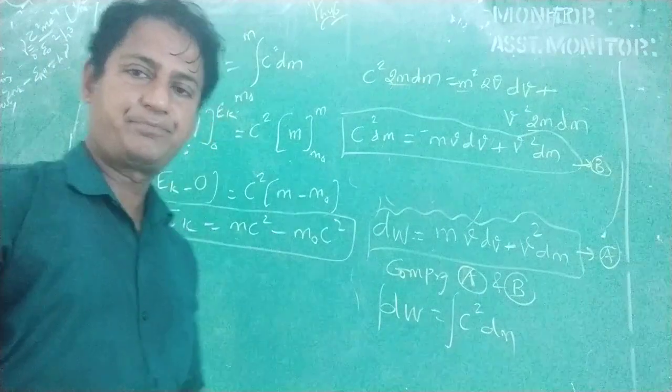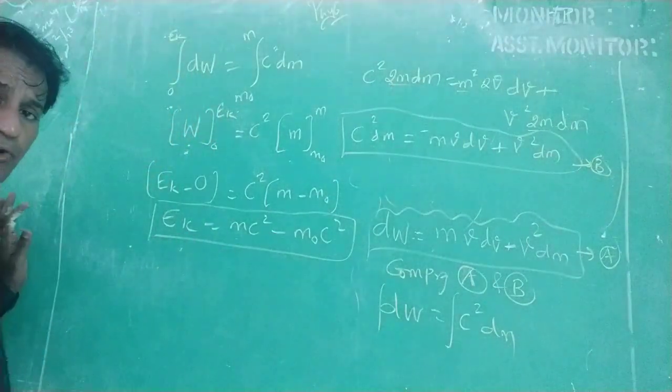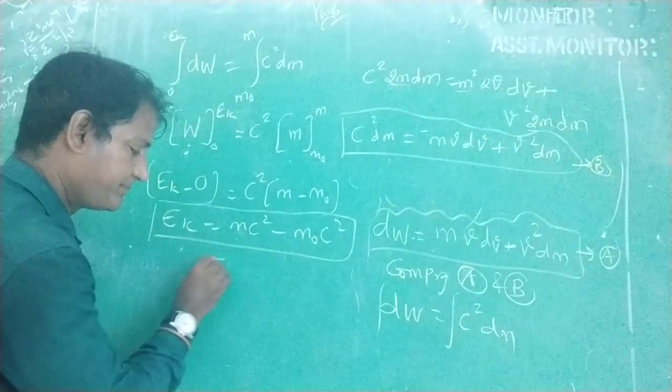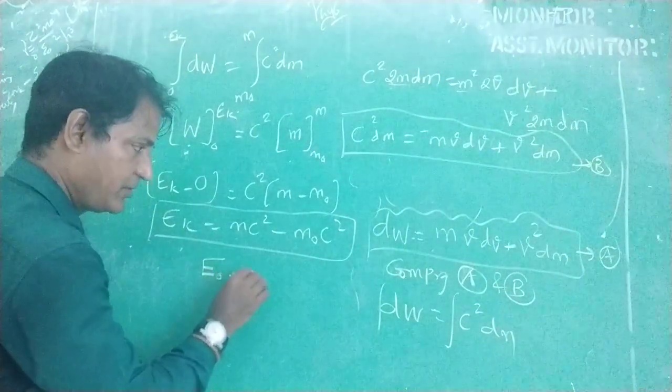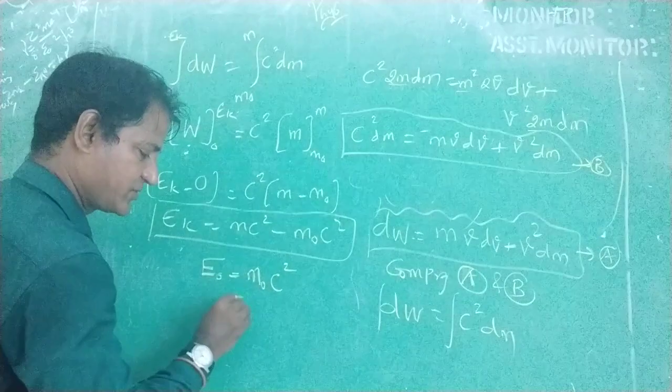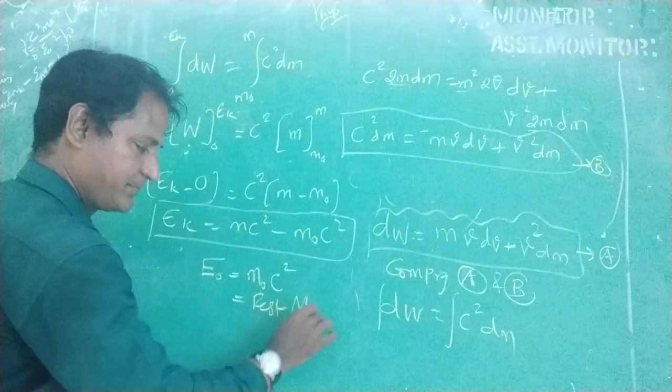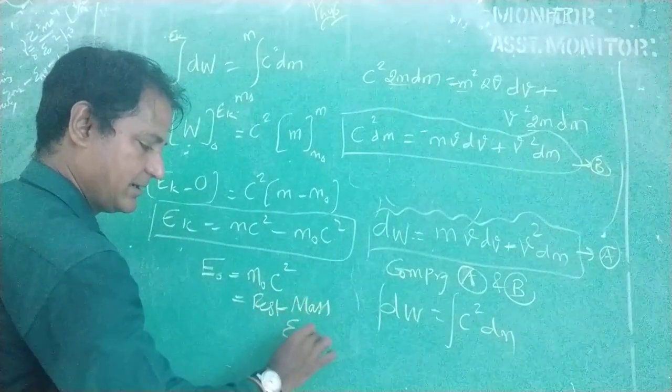Here, there is an equation called E naught is equal to m naught c squared, which is called the rest mass energy.